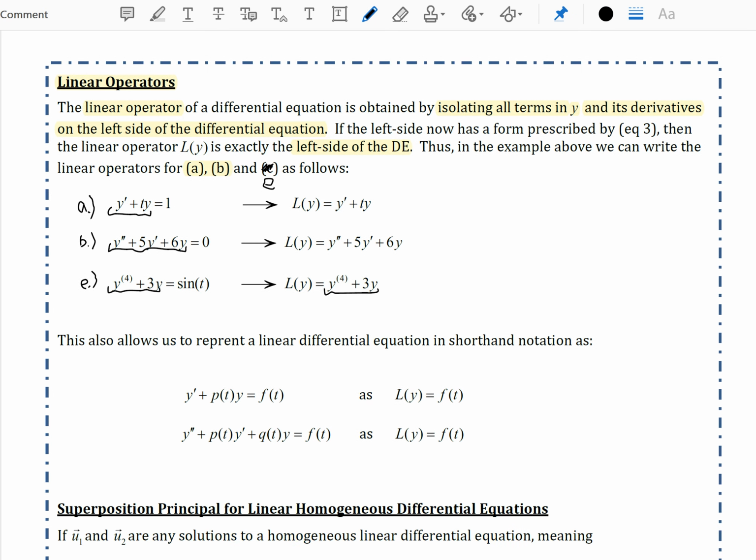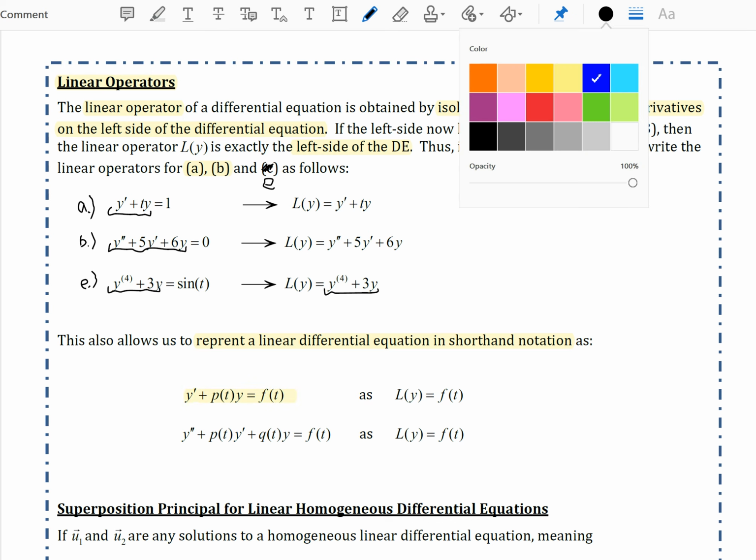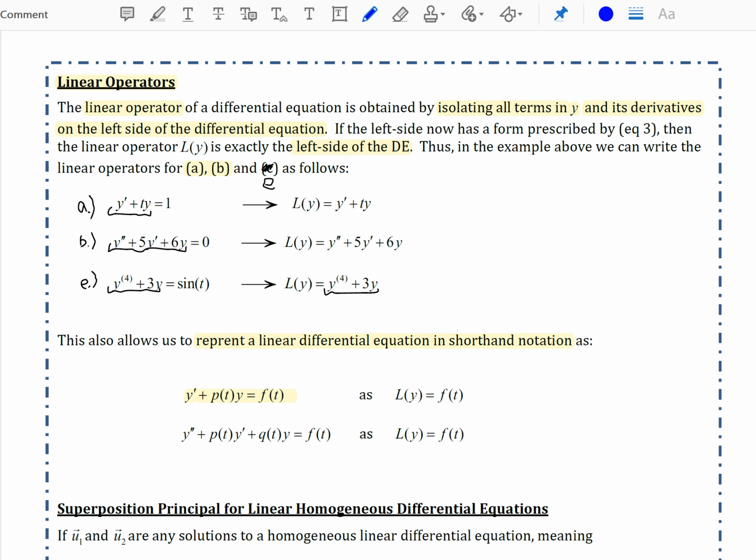So this allows us to represent linear differential equations in a shorthand notation. Instead of writing y prime plus p of t y equals f of t, I can just write L of y equals f of t.